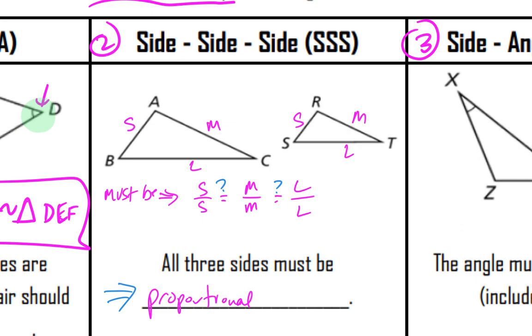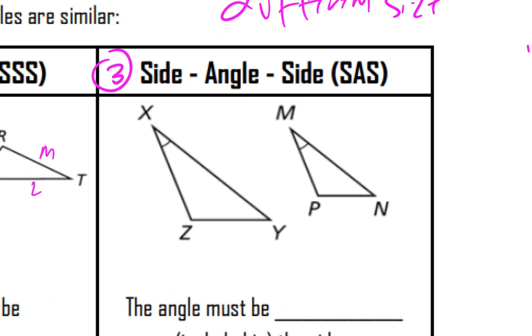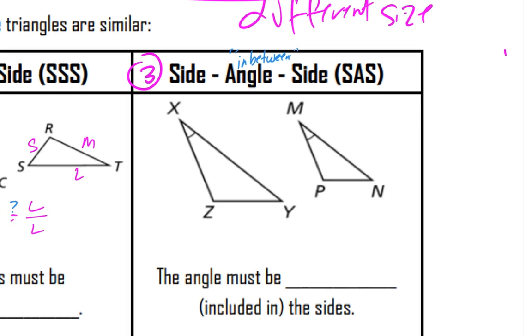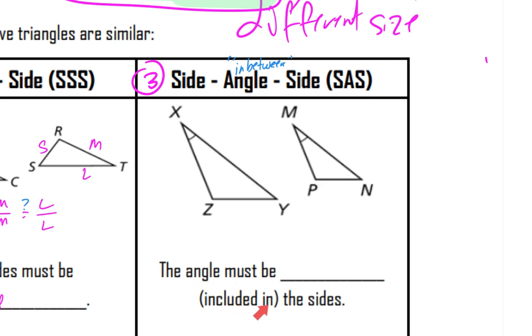All right, so next, this is if we're given a side, the angle in between, and the side on the other one. So we call it side, angle, side. The angle must be inclusive of, which means included in, the sides.